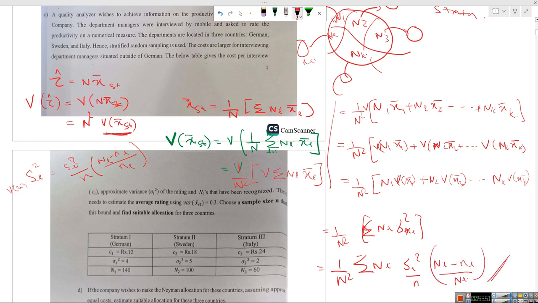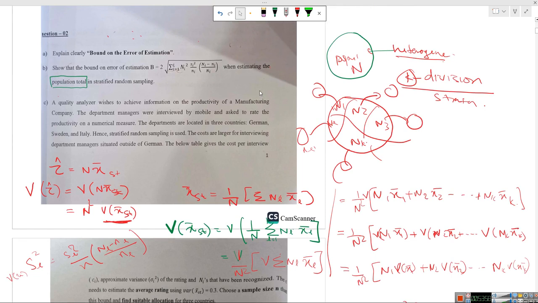So this is what they have asked. Now in the question, if you look at it, this portion is there, Ni squared is there, this one is there.